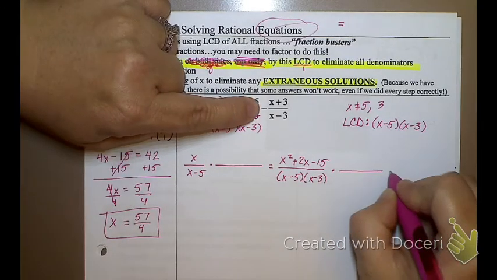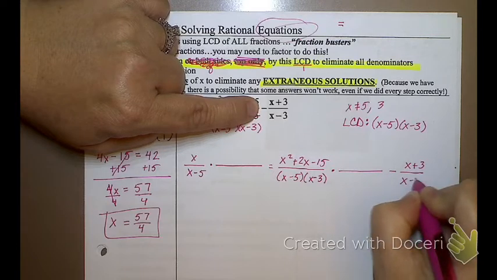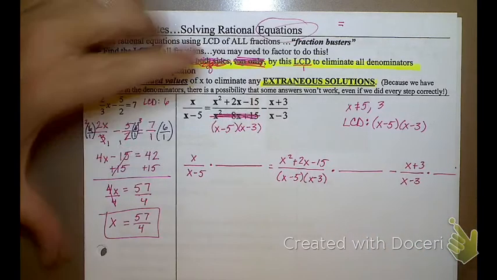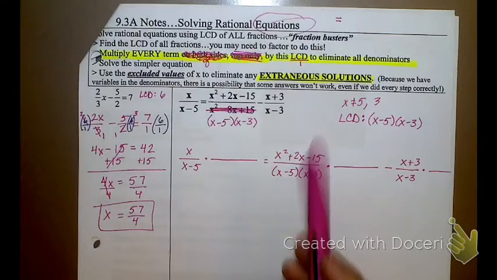And then minus x plus 3 over x minus 3 times whatever the LCD is over 1, and I'm running out of paper there. So that might seem a little bit extra, but I promise it makes more sense as you go through it.